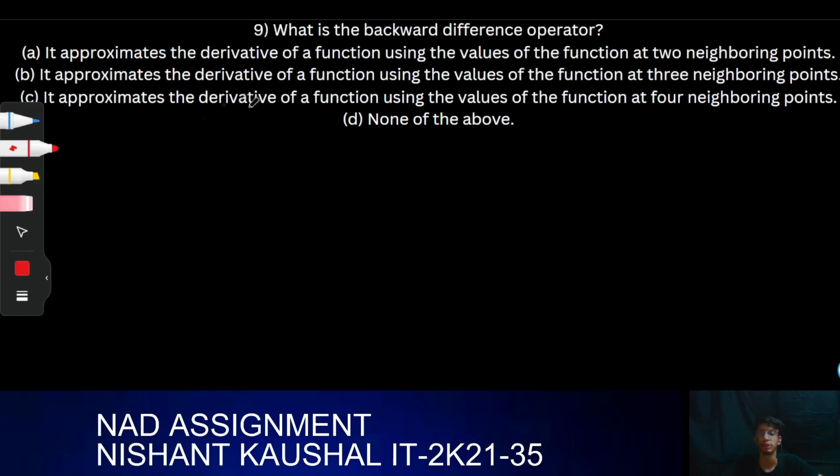Let us proceed to question number 9. What is backward difference operator? It approximates the derivative of a function using the values of a function at two neighboring points, three neighboring points, four neighboring points, and none of the above.